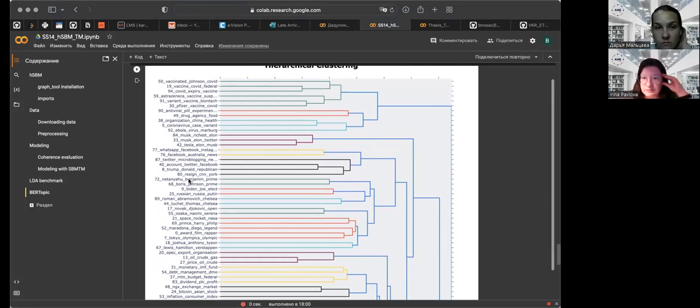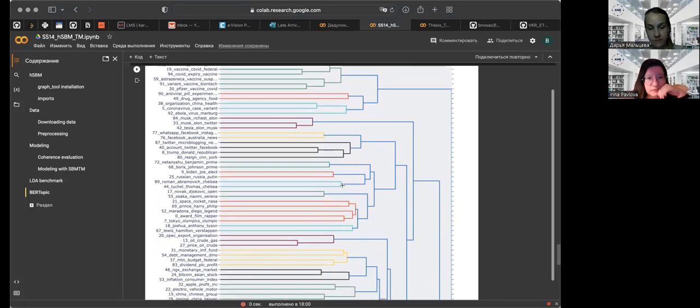And as another example, here Facebook and WhatsApp are different topics. And here we see something talking about Twitter and Facebook, but at the other level of the hierarchy, they are represented in the same topic.